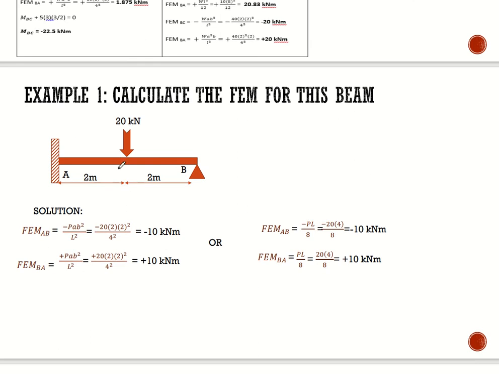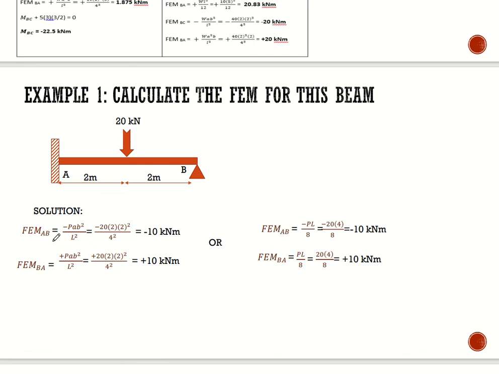So when you have a point load, we can use this type of formula, which is PAB square over length square, or we're going to use P times L divided by 8, and we get a similar answer if we use these two types of formula.